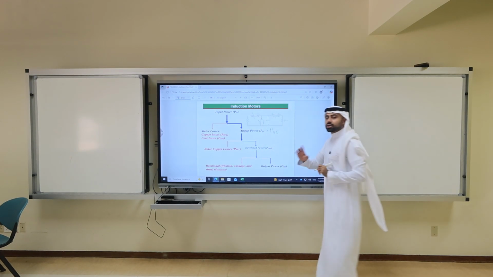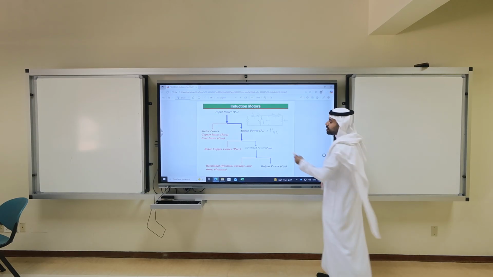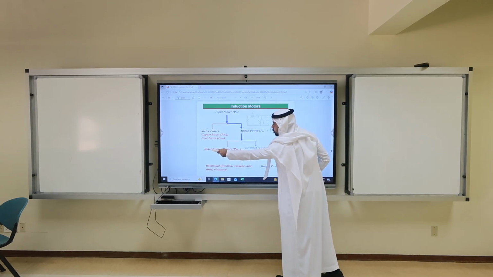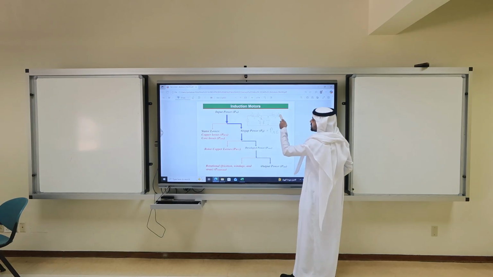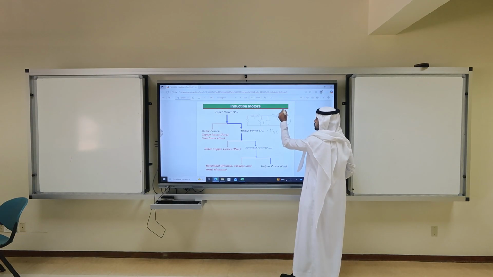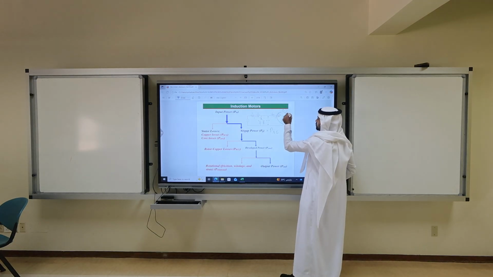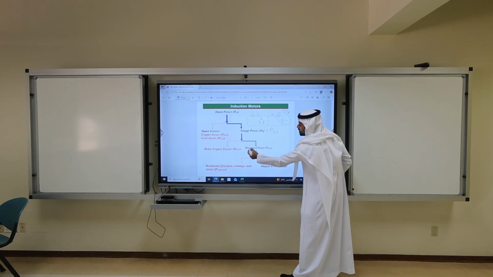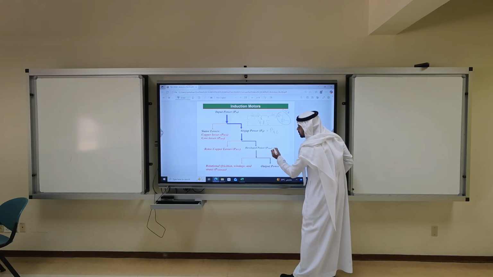Both notations are good. Some of it would be lost in the copper losses, which is R2 prime over s, this component. And developed power, which is P converted, or in some books they call it P sub D.